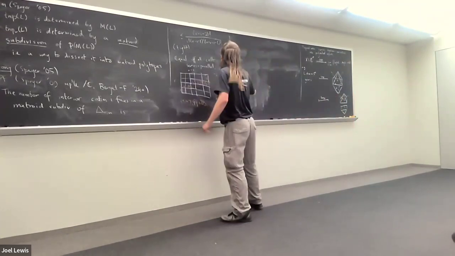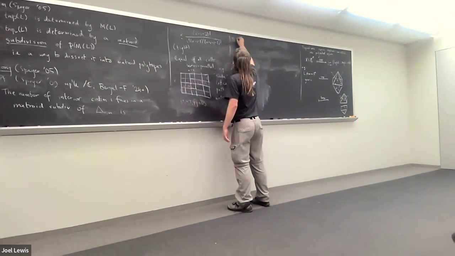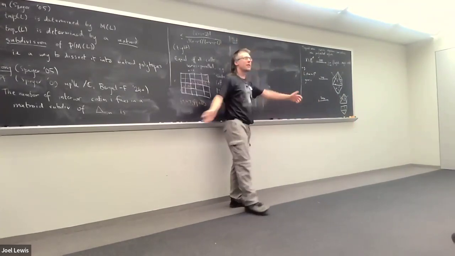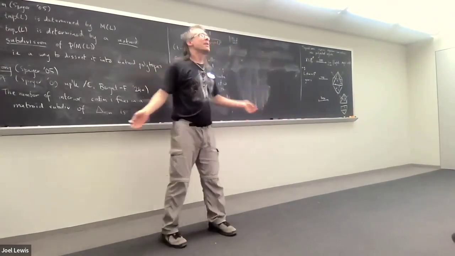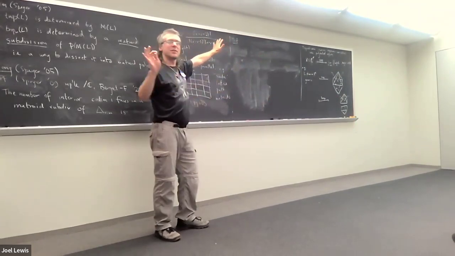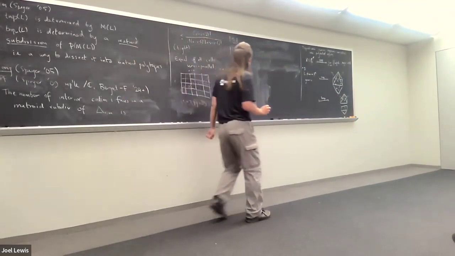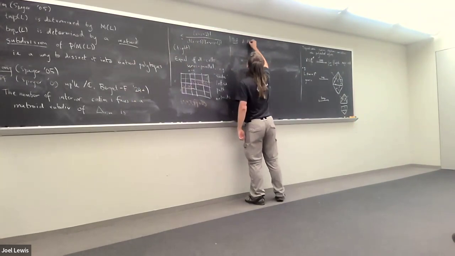So let's make this notion of size or measure formal. This is what's called a matroid valuation in the biz. I'm going to use co-valuations just so I don't have to think about signs, because the signs are messy. Okay.